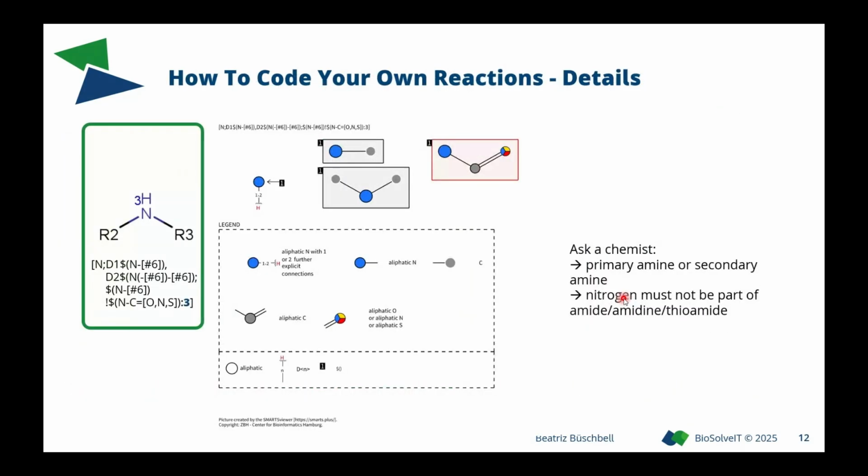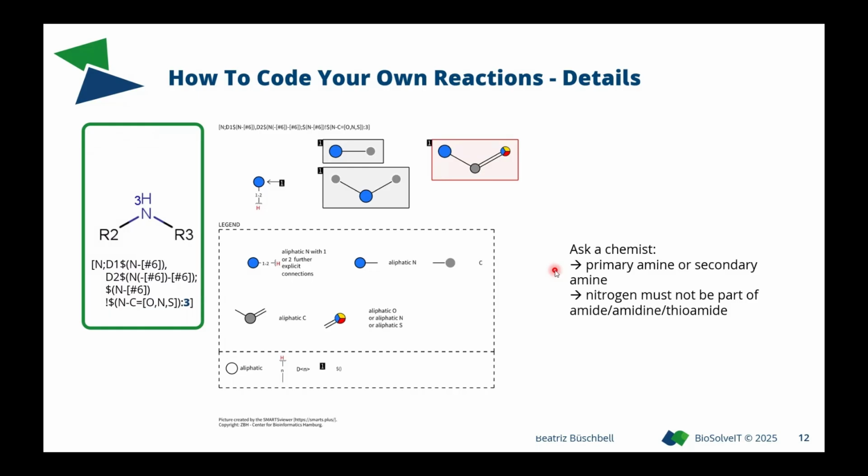Okay. So let's give a little more detail to it, starting here with the nitrogen that is part of this amide coupling. You see here a screenshot from the SMARTS Plus server, which also tells you which reaction definitions have been added. Because if you ask a chemist about an amide coupling what kind of properties that nitrogen should have, then the chemist would say, okay, I want a primary or secondary amine.